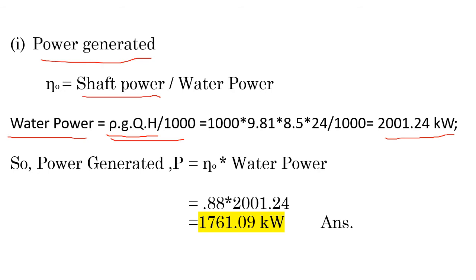So power generated P equals overall efficiency into water power. Overall efficiency is given 0.88, and water power we just now calculated is 2001.24 kilowatt. So shaft power equals 1761.09 kilowatt. This is the answer.